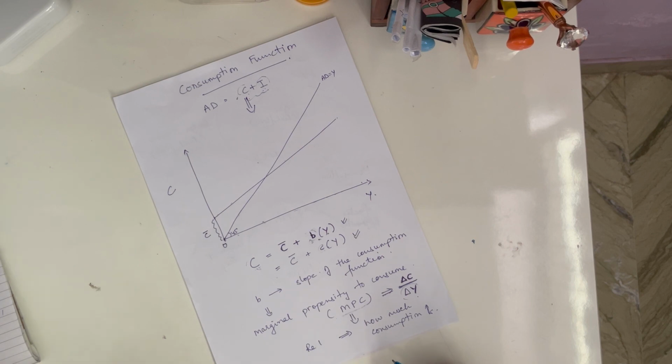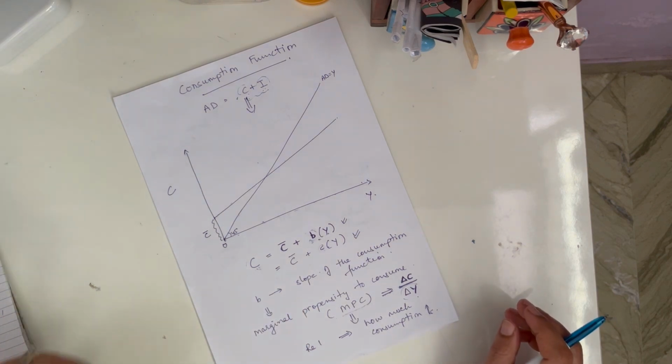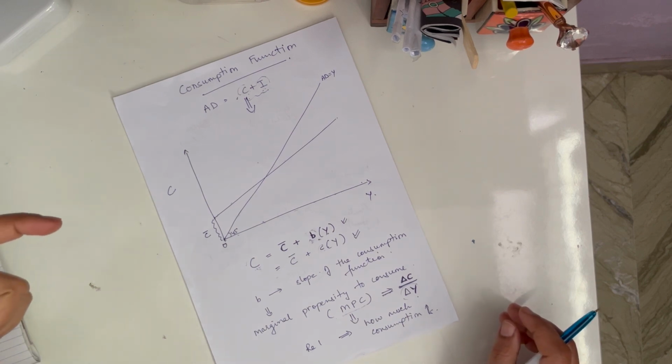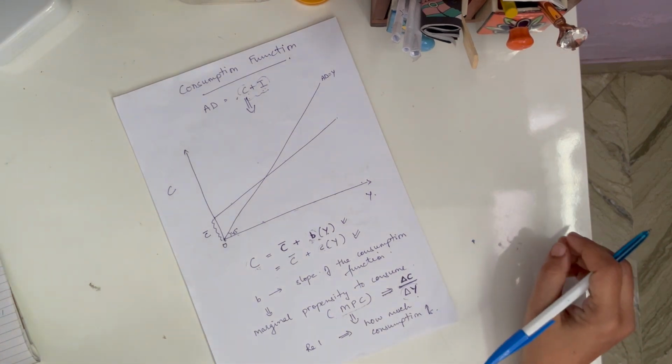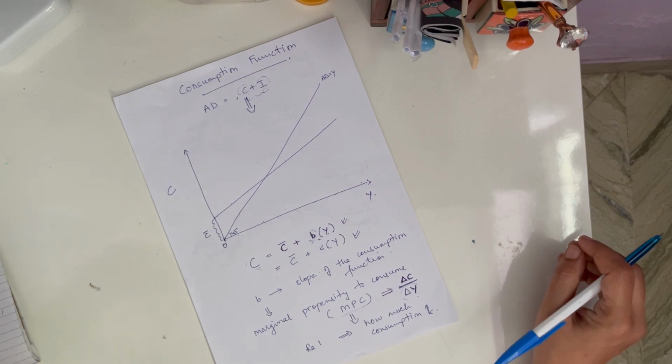Okay, increase basically, remember. So this is not that your income is this and your consumption is this. That's not MPC. MPC is basically the change. So if your income is increasing by 100 rupees, let's say, then by how much your consumption will increase. That's your MPC, right?